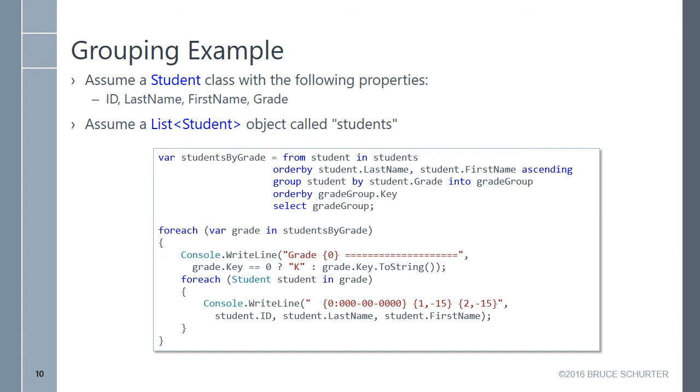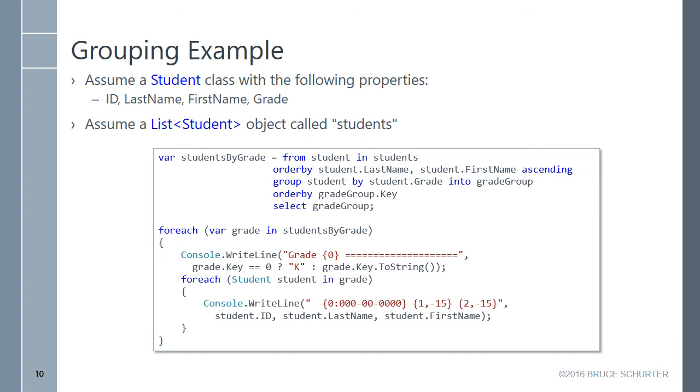Because the grade itself, as we define here, var grade in students by grade, is going to be a group object. And the group object will always have a key. Since we grouped by the student's grade, it will contain things like K, 1, 2, 3, etc. Actually, it'll be 0 through 12.